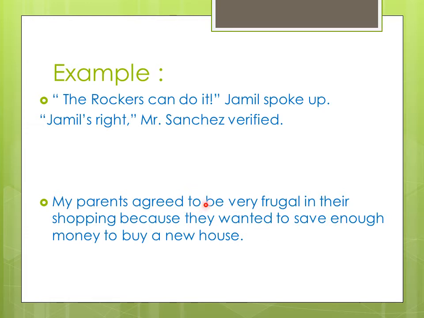So they agreed to be very frugal, very economical in their shopping because they wanted to save enough money to buy a new house. So they have to save money in order to buy a new house. So they agreed to be frugal or to be economical.